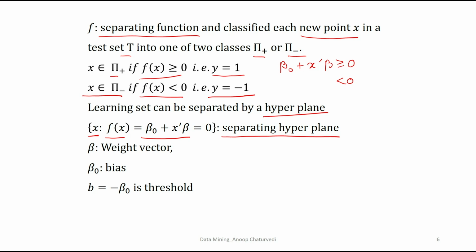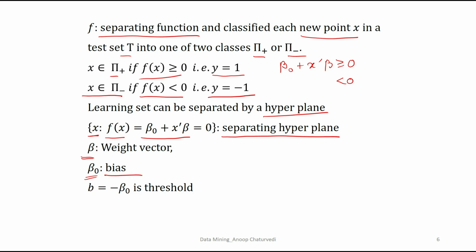So, basically the hyperplane beta naught plus x transpose beta equal to 0 separates the two classes pi plus and pi minus. So, it is a separating hyperplane. This beta is the weight vector, and beta naught is called the bias term.